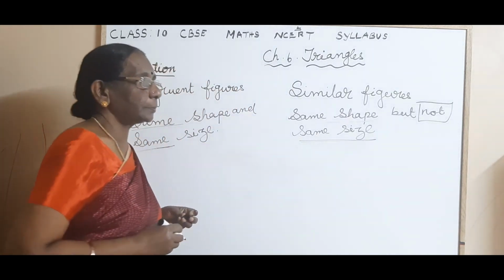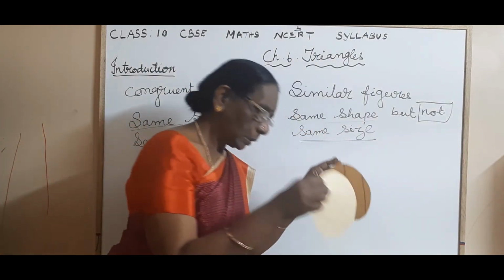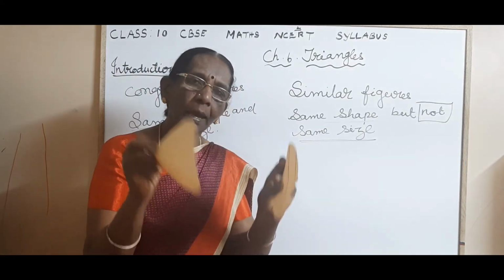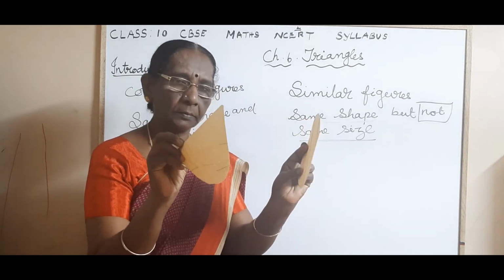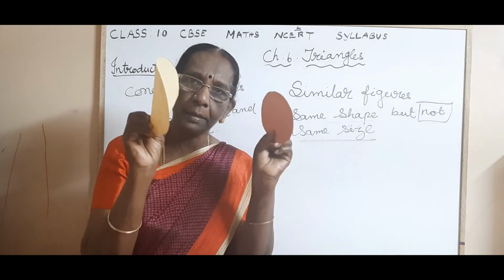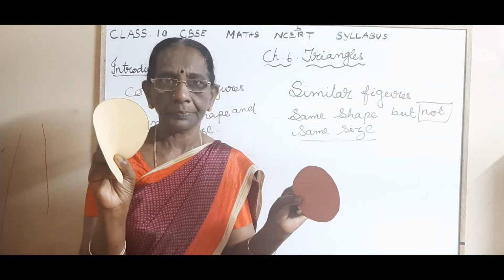Have you understood, children? Now, when you take these two congruent figures, you can say they are congruent as well as similar. Okay, but when you take these two similar figures, they are only similar but not congruent.